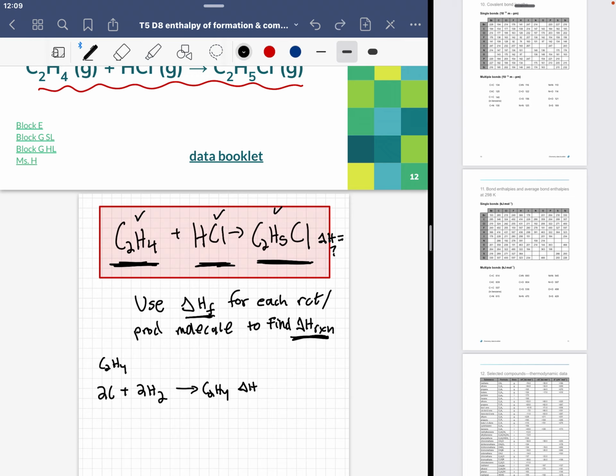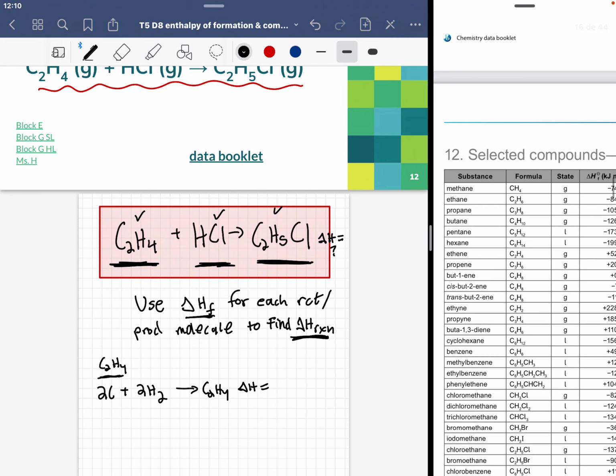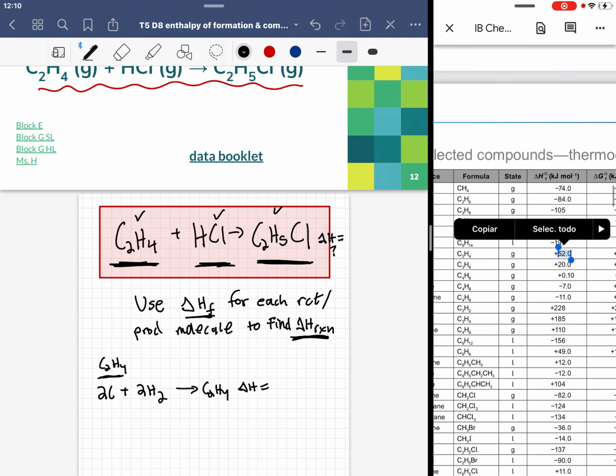This is the delta H of formation for C2H4. So I go here, I find C2H4, which I see right here, ethene. I see its standard state as a gas. Great. Delta H of formation is positive 52.0 kilojoules per mole.